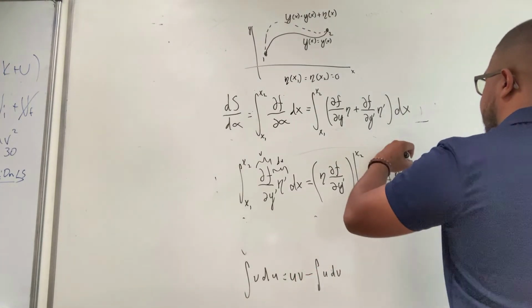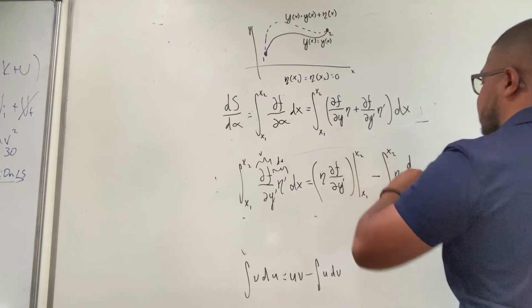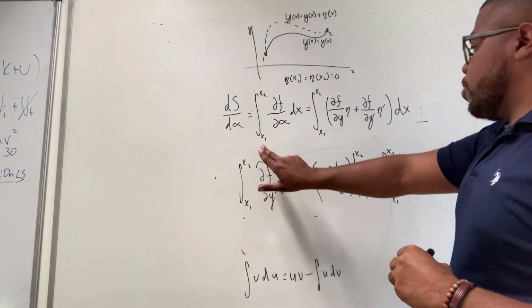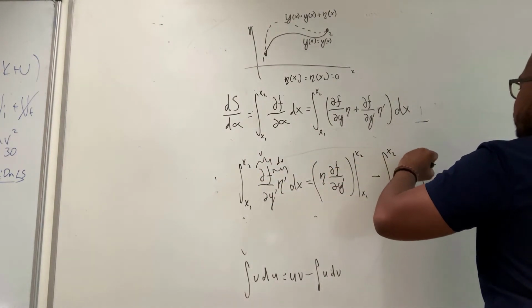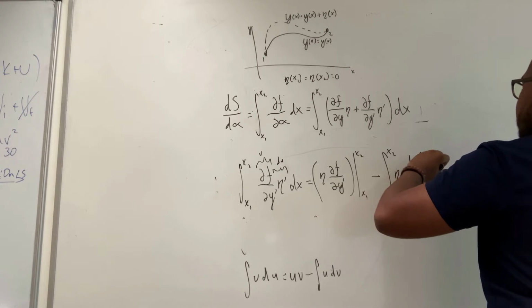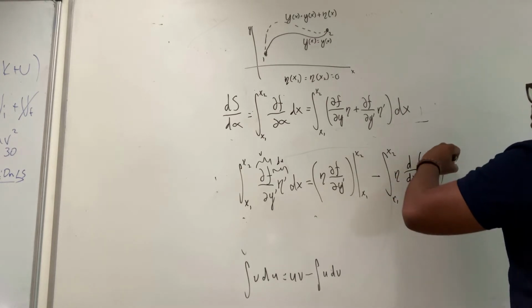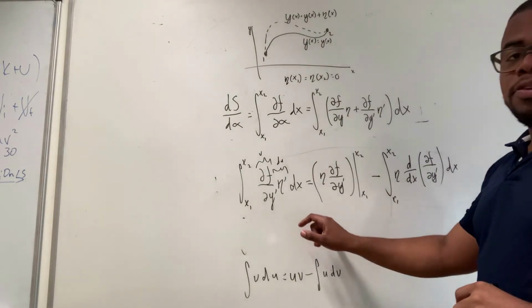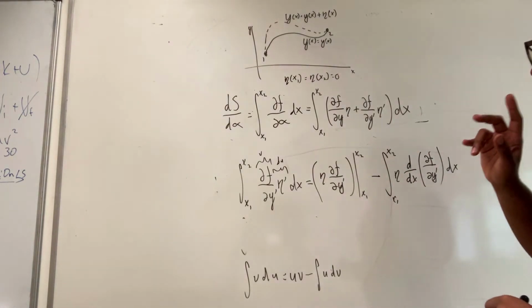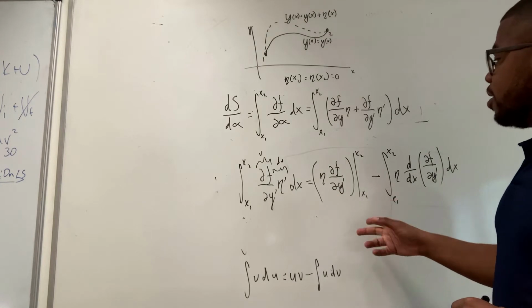It is basically d/dx of this thing which we have right here, which we call v, so the partial of f with respect to y prime, dx.